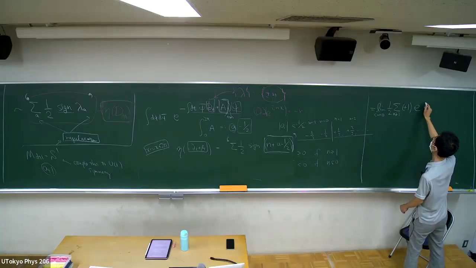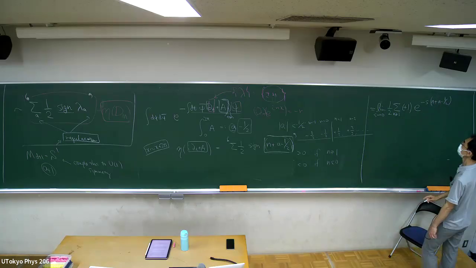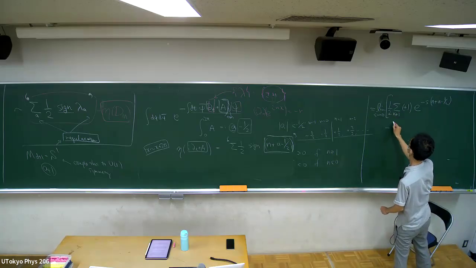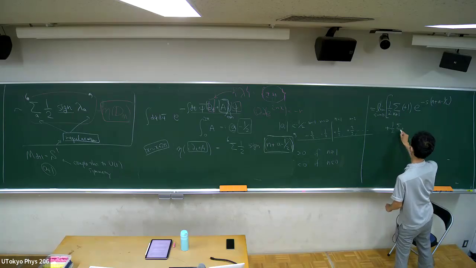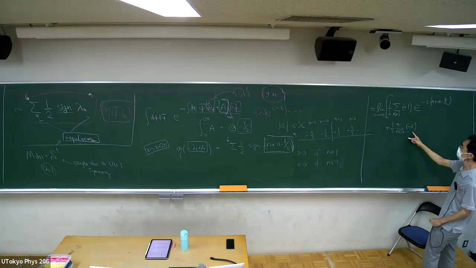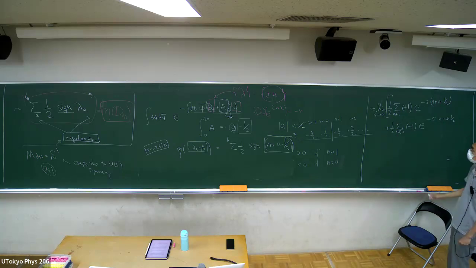So you add the convergence factor, n plus A minus 1/2. And for negative eigenvalues, you want to sum over minus 1, but with the same convergence factor, which is the absolute value.